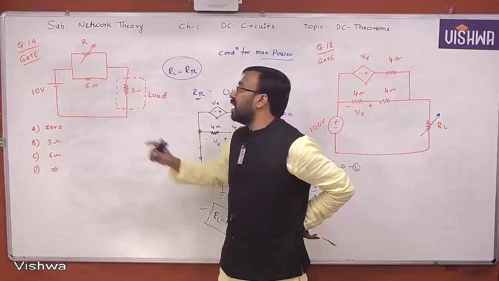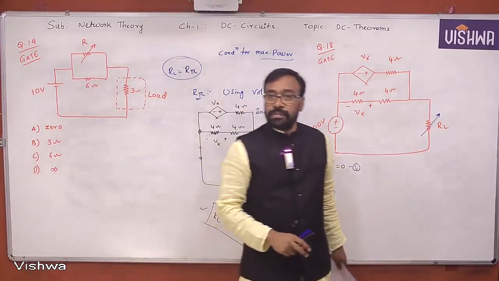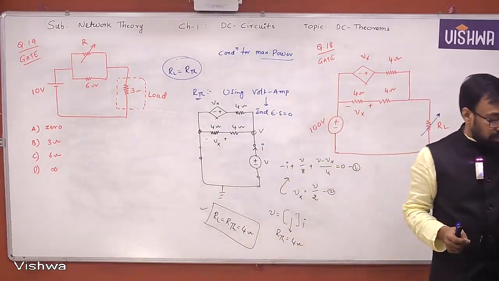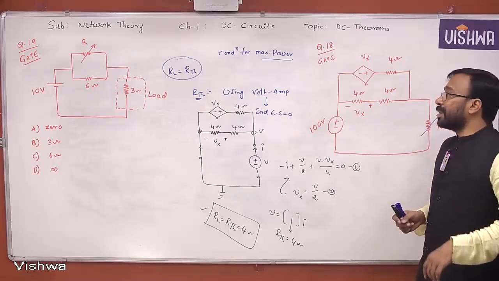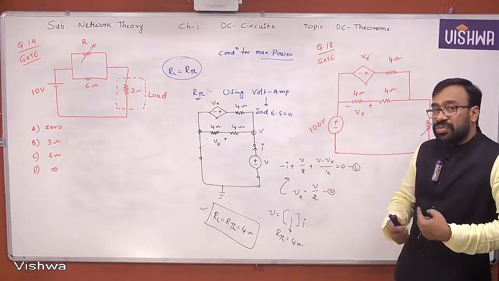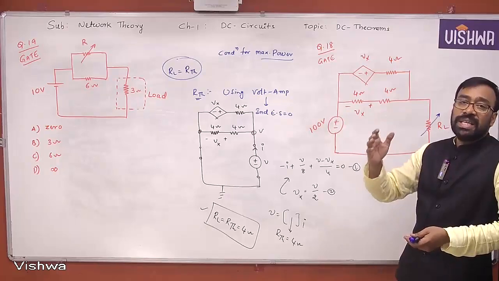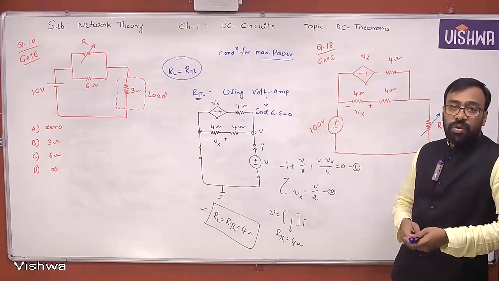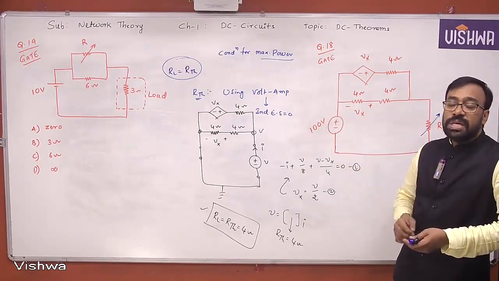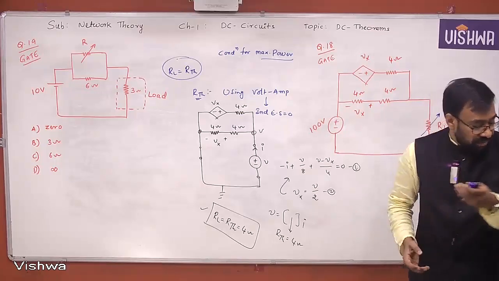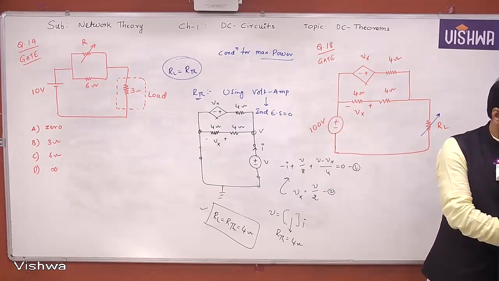So what could be the value of R, he is asking. The load is actually 3 ohm and the R value is being changed. By varying that R value, he wants to transfer maximum power to the load of 3 ohm. Then for that, what is the value of R? Simply, that is the question. So read that question carefully.